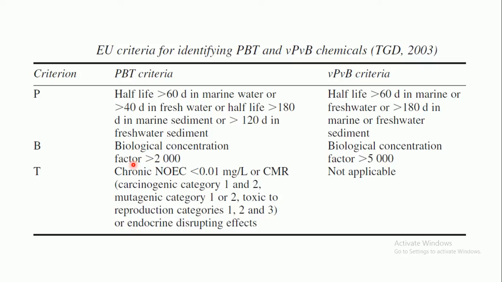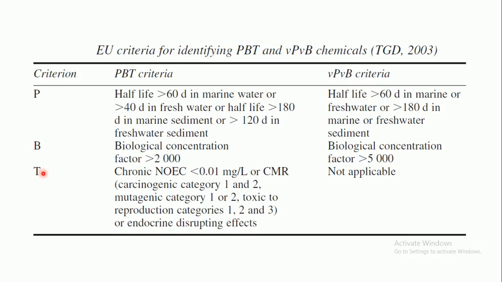Usually this biological concentration factor was developed as marine studies were carried out. It is a ratio of the concentration of that substance in the marine species to the concentration of this substance in the water. Usually it was introduced in aquatic studies. So when this ratio is more than 2000, you can categorize it as a B, that is, it is bioaccumulative.